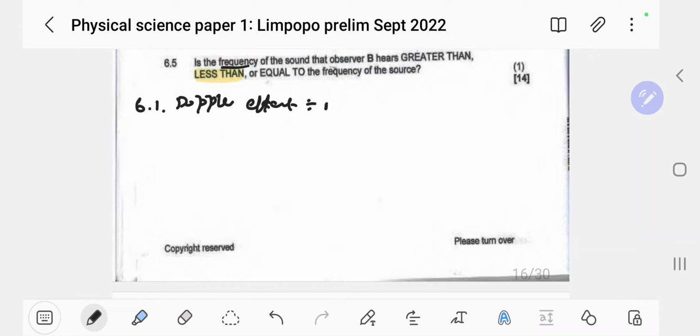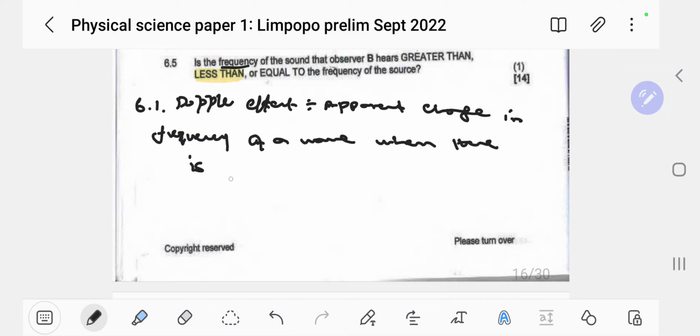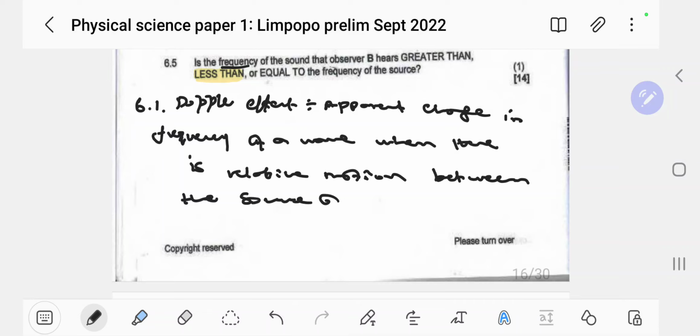Sometimes it happens. So the Doppler effect is described as the apparent change in frequency of a wave when there is relative motion between the source of the wave and the observer.